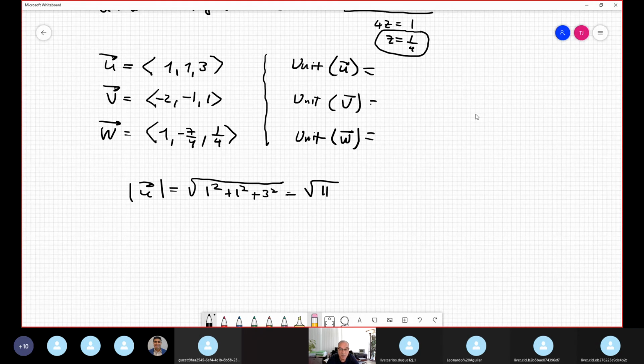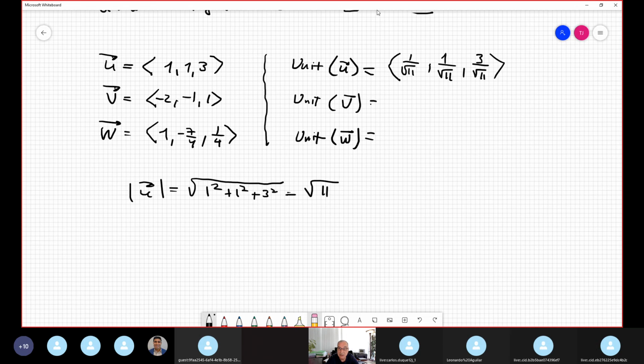Therefore, you divide everything by the square root of 11. There are different ways to do that; you select the style that you prefer. Either you divide each component by radical 11: 1 over radical 11, 1 over radical 11, 3 over radical 11. That's one possibility.